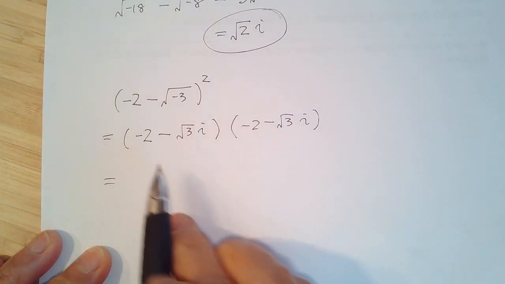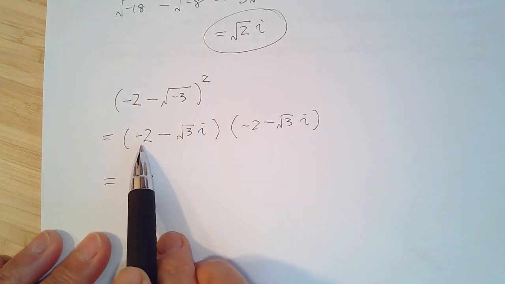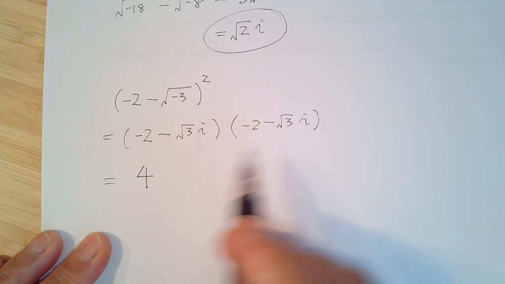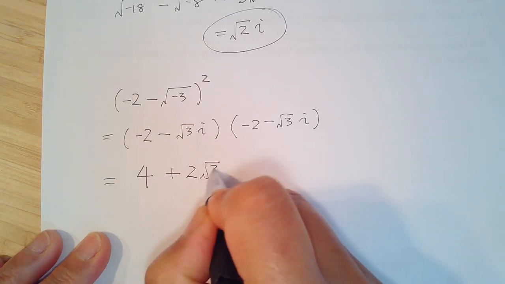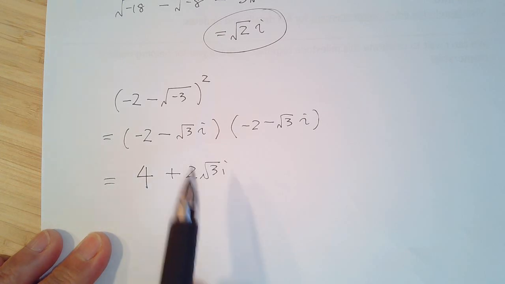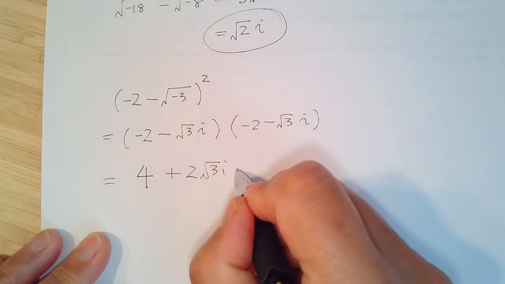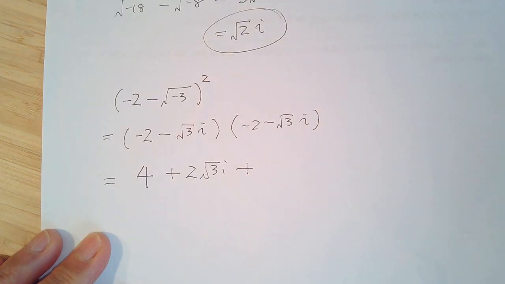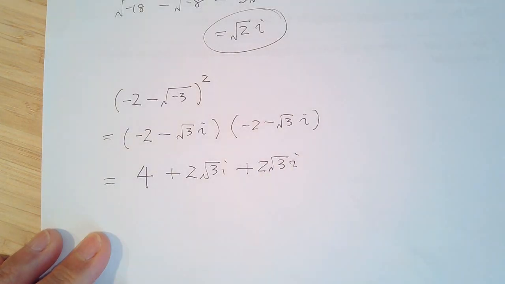So you get a negative 2 times negative 2, you get a positive 4. Negative 2 times negative root 3 i will be positive 2 root 3 i. And this negative root 3 i times negative 2 is plus 2 root 3 i. You don't want to miss anything.